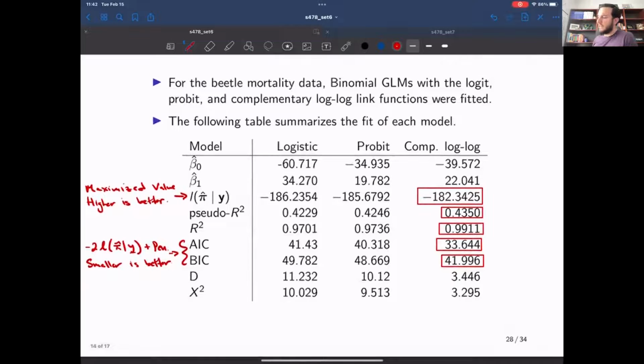Okay, the deviance and the x squared. We actually know that the distribution of the x squared is going to mimic that of the deviance. The two values are essentially equivalent.